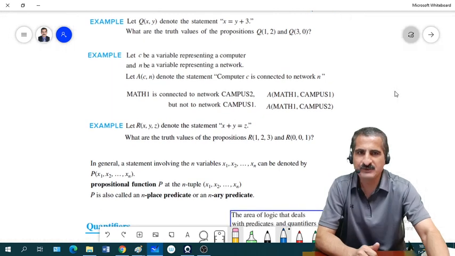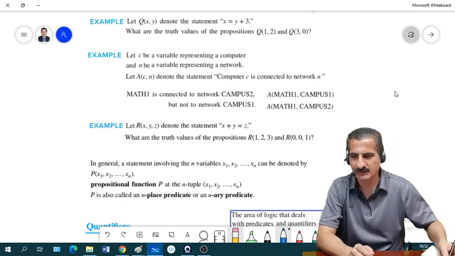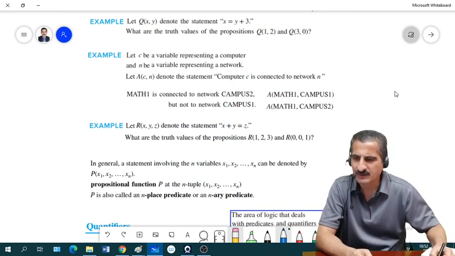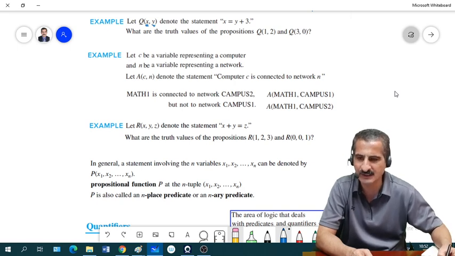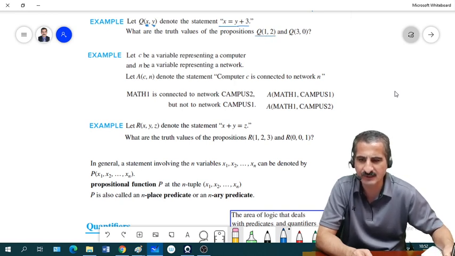A propositional function may depend on more than one variable, like in this example. This propositional function depends on two variables, x and y. So Q of x and y denotes the statement x equals y plus 3. What are the truth values of this statement and that one?